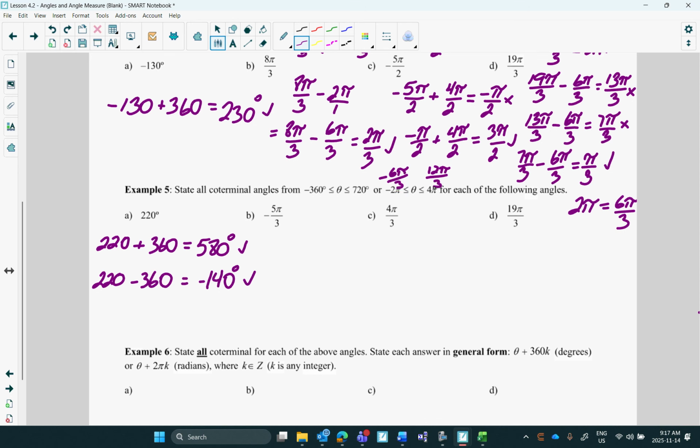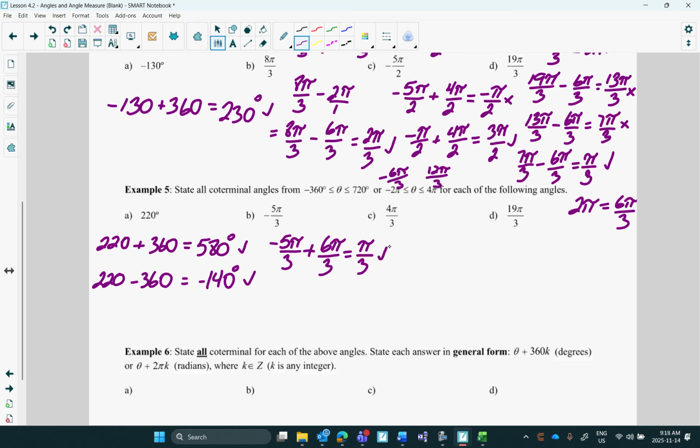Okay, so is this between this? Yeah, if I were to subtract a 6 pi over 3, would I get outside this? Yes. So don't even bother subtracting. But if I add, right? What do I get? 1 pi over 3, or just pi over 3. Is that between these two?